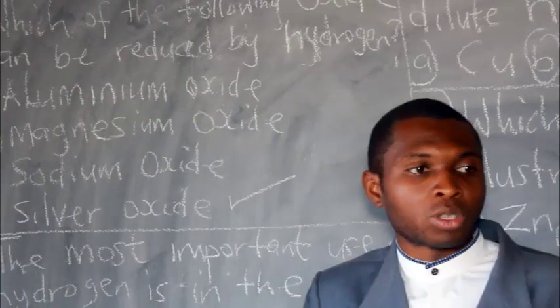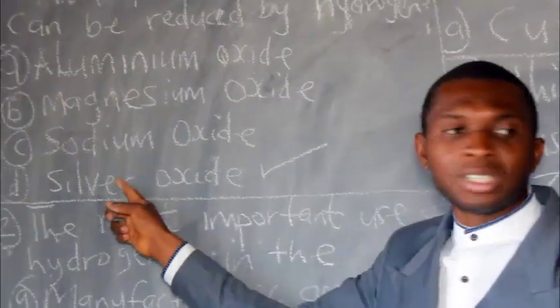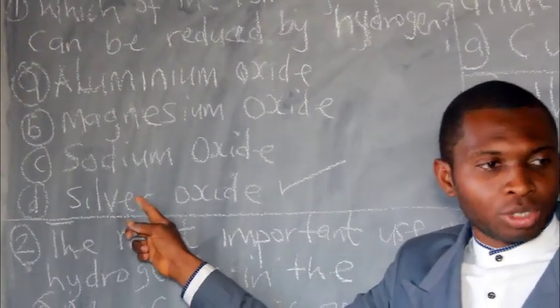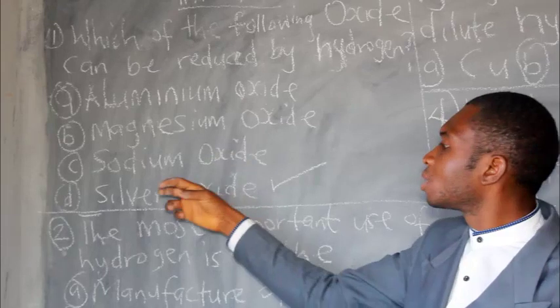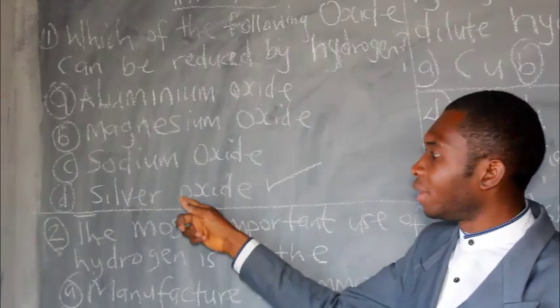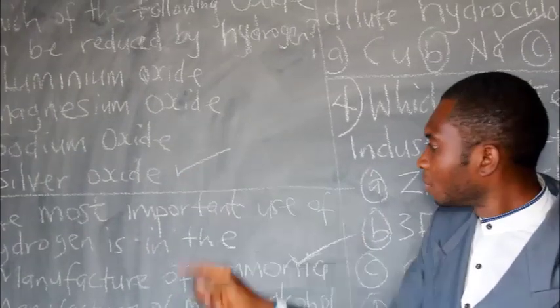Aluminium is also higher than hydrogen. Silver is the only one below hydrogen in the activity series, so hydrogen can reduce silver oxide. That's why silver is the option.